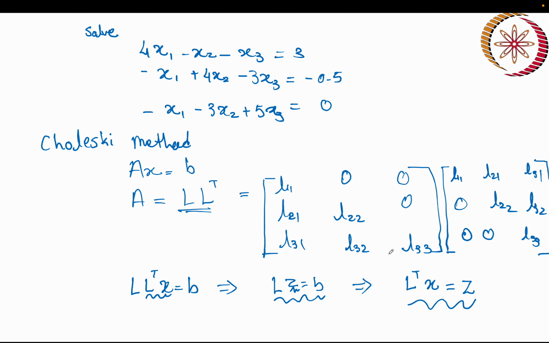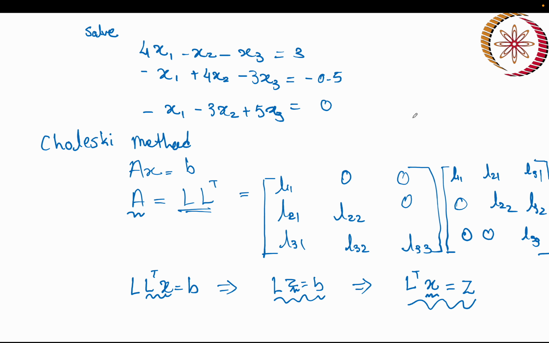Okay, so this is clear, I think. We finally will get the X values after solving this, and that is our aim. This L L transpose decomposition we have to find out first.